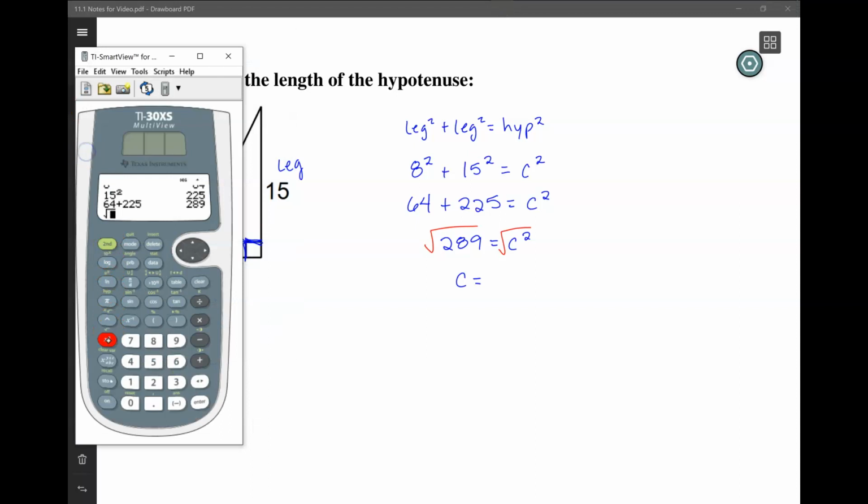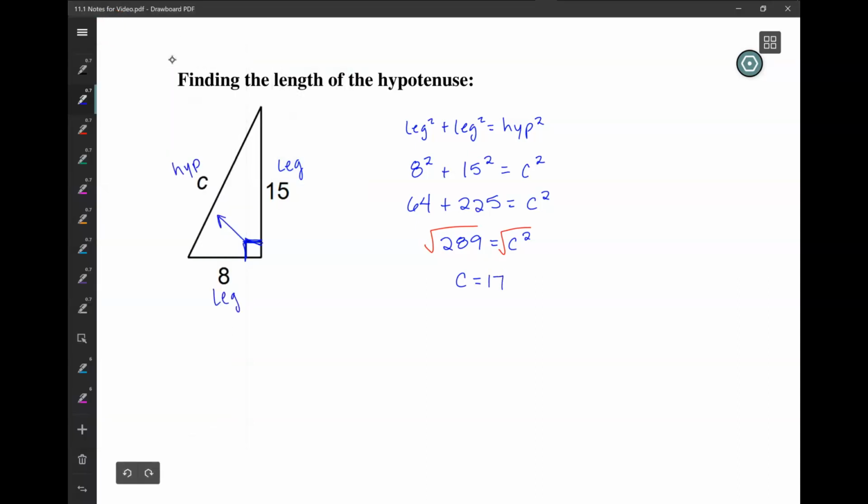So the square root of 289 is 17. So the hypotenuse here is length 17. Now, one thing that you should always keep in mind is the hypotenuse should always be the longest side of the triangle.